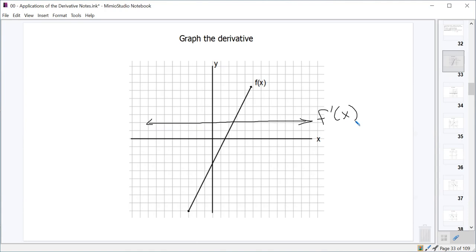And it makes sense that our derivative is never equal to 0. Therefore, our function should never have a max or a min. And it also makes sense here that since f prime is always positive, it's always 2, our original function should always be increasing, which it is.